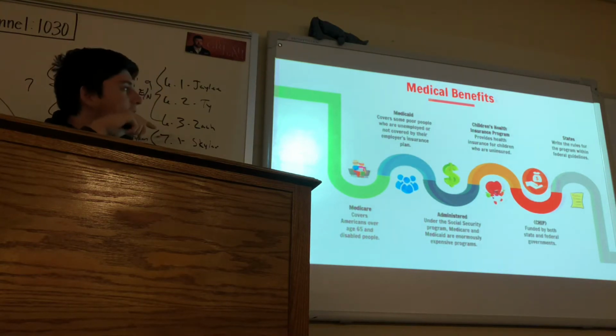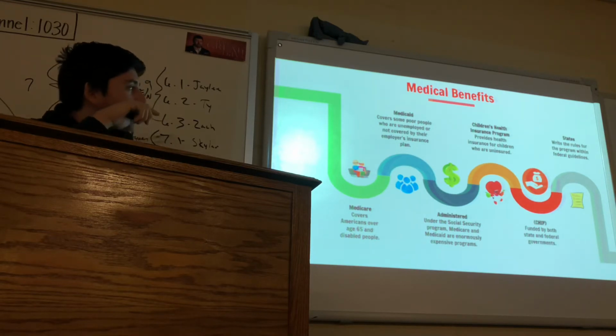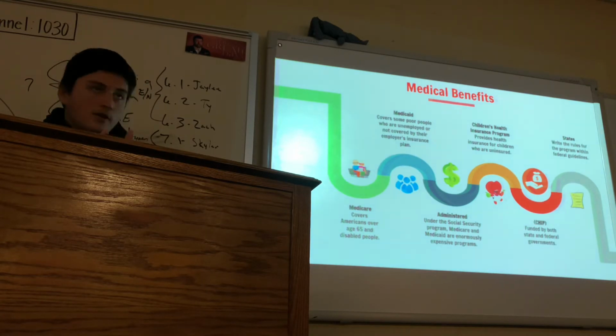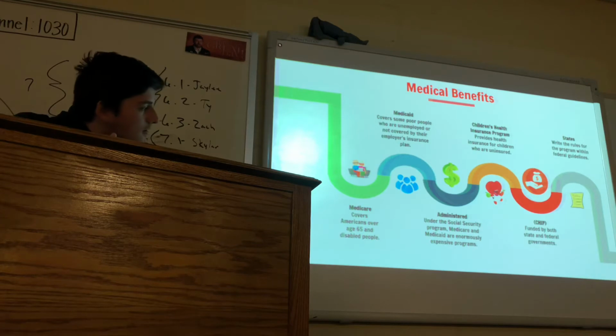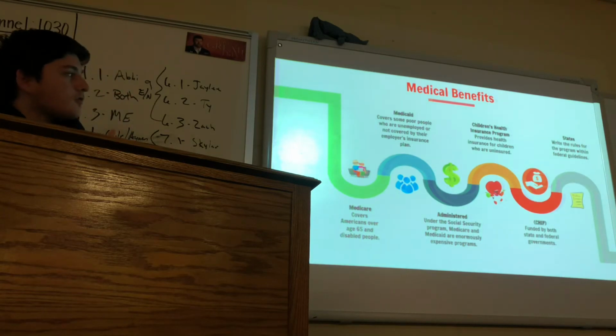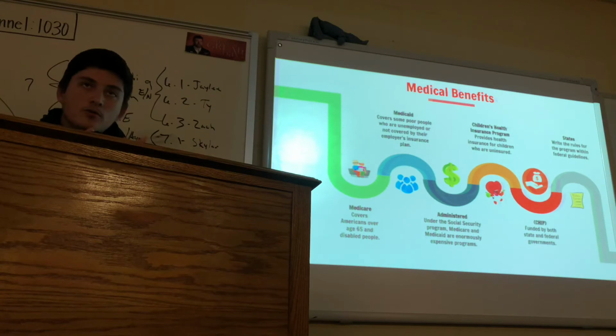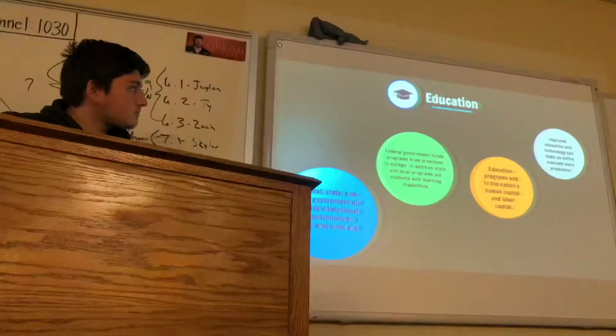You have to remember that Medicare and Medicaid are extremely expensive. On the other hand, the Children's Health Insurance Program provides health insurance for children who are uninsured. It's also abbreviated as CHIP, funded by both state and federal governments. Also note that the states write rules for the program within federal guidelines.